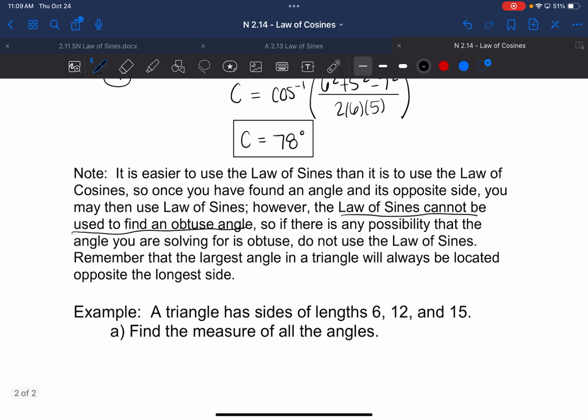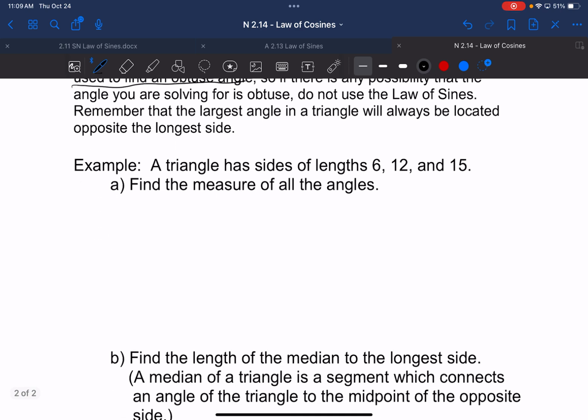So let's take a look at example A. So this will be one where they ask us to find all the missing pieces. So we're probably going to have to use some of each. So we've got some triangle here. So I've got my A, B, and C. And they said this triangle has side lengths of 6, 12, and 15.